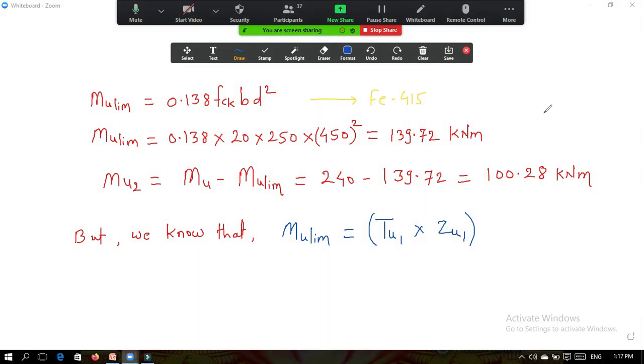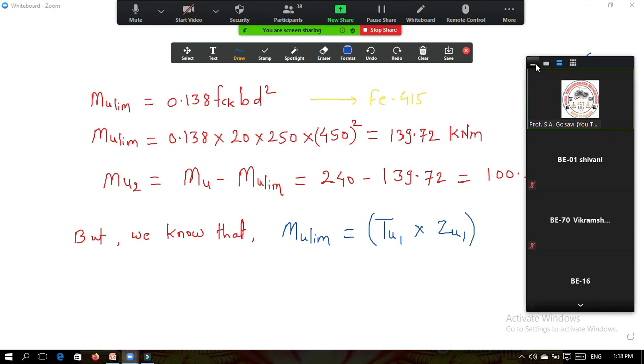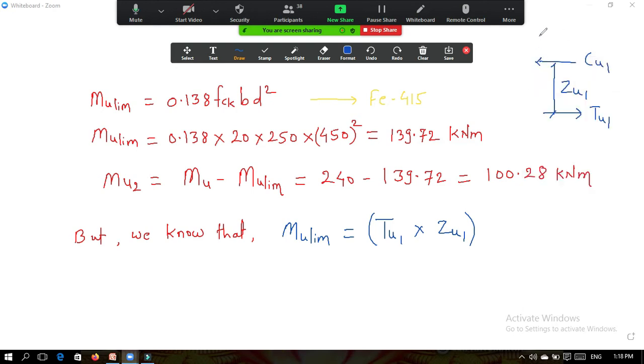Somewhere here your Tu1 will be acting, somewhere here your Cu1 will be acting, and the distance between these two forces is your Zu1, and here it is your Mu limiting. This is the section for Mu limiting.